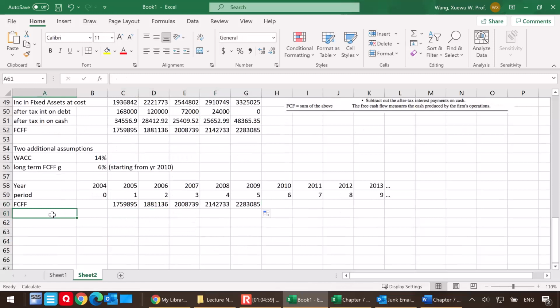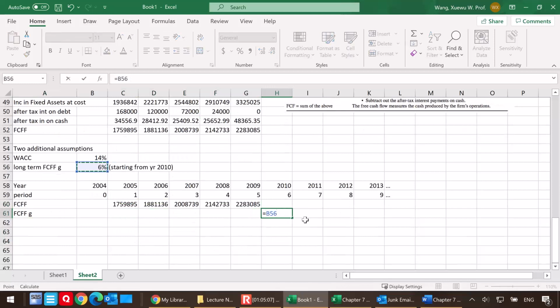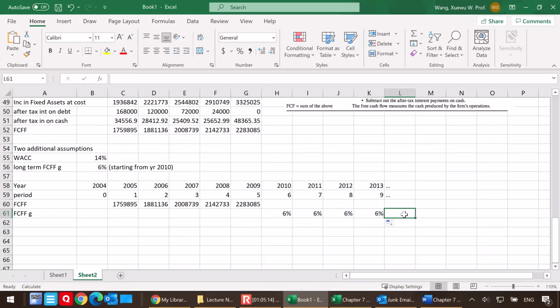And now you say, all right, you have the free cash flow to the firm growth rate. And it's actually stabilizing at 6% here. All right, so I'm going to lock down the 6%, and I'm going to copy this across. Okay, that's the long run free cash flow growth rate stabilized at 6% starting from 2010.